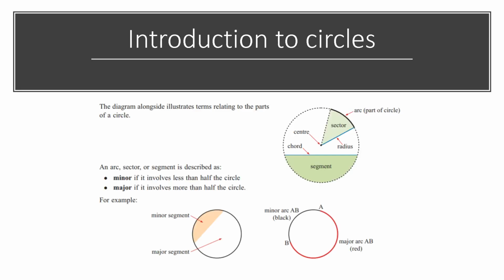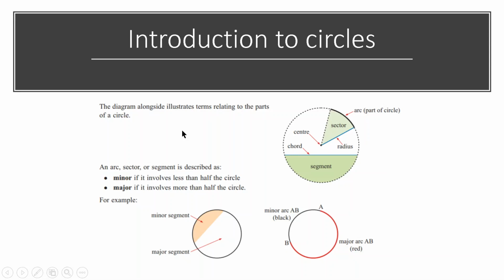Let's just remind ourselves what the parts of a circle are. In this diagram, we can see what an arc of a circle is, what a sector is, what the radius is, what a segment is, what a chord is, and what the center of the circle is.